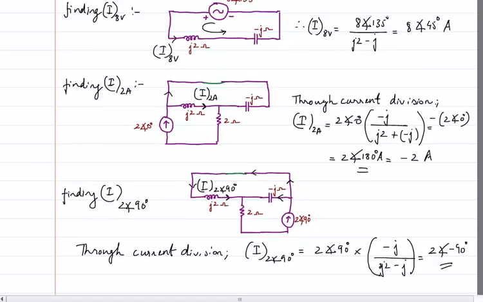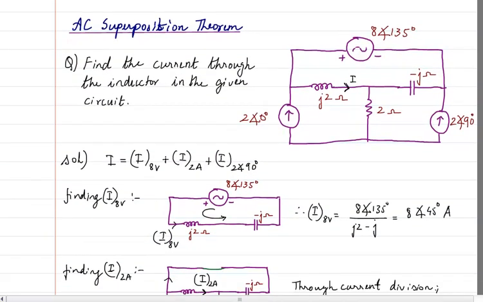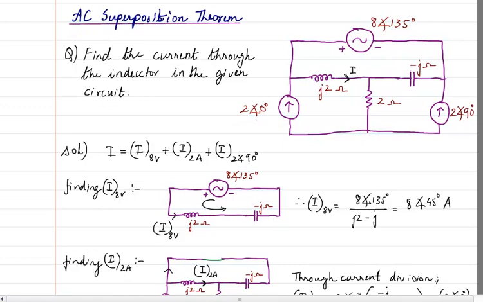So this was an example of superposition theorem, and I took this particular problem because, if I had to find out the current I, then generally I would have had to find I1, I2, then I3, and then, since it is this direction, it is I1 minus I3, correct?